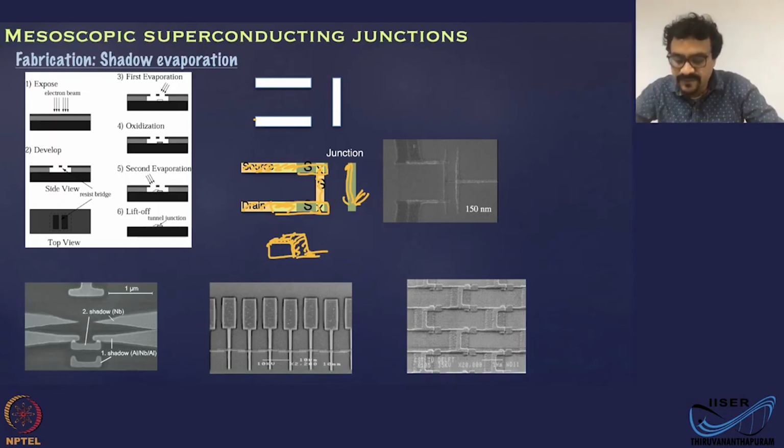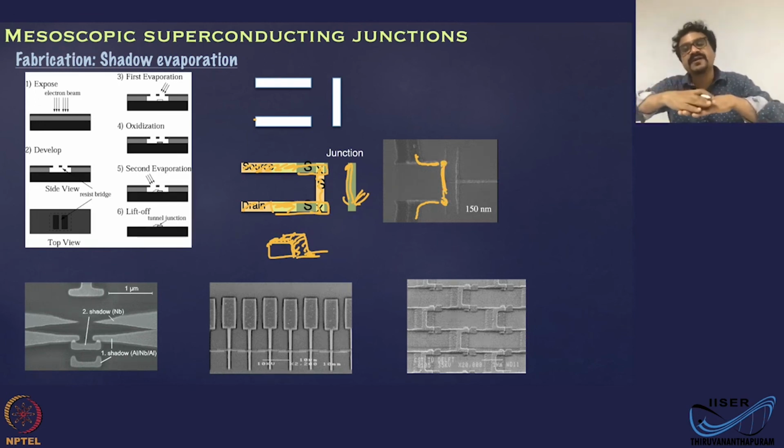So here you have the junction between this and this, but this is a result of one evaporation, and this is the result of the second evaporation. Okay, this happened during one evaporation. Okay, this happened during the other evaporation, and here these two ends overlap with a thin layer of oxide in the middle, so that is a tunnel junction.